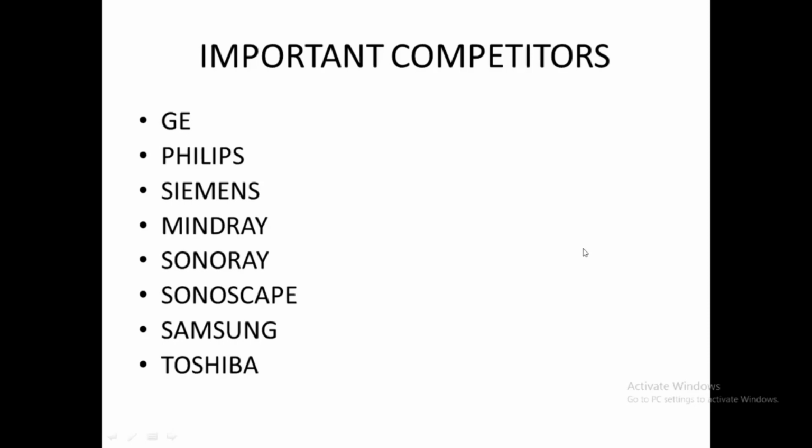See, for me, when I tried to become an application specialist, I did not become one immediately. First I was working as a sales engineer, because generally when you go to a gynecologist or an obstetrician, or any patient, they will not be comfortable with a male person doing scans. Male application specialists are very rare.